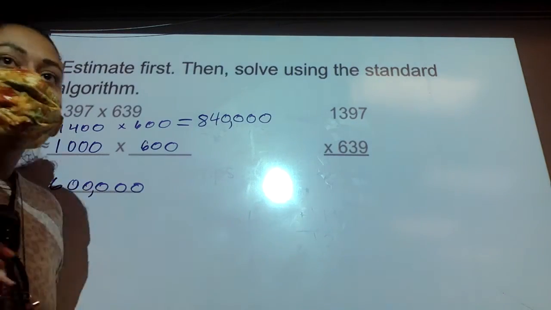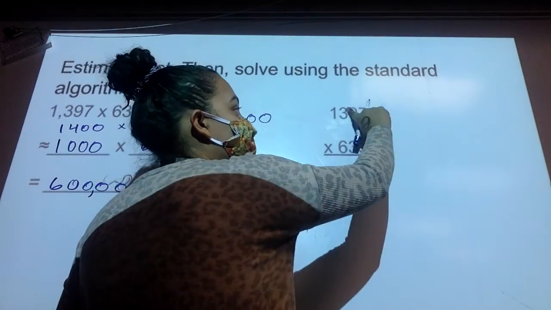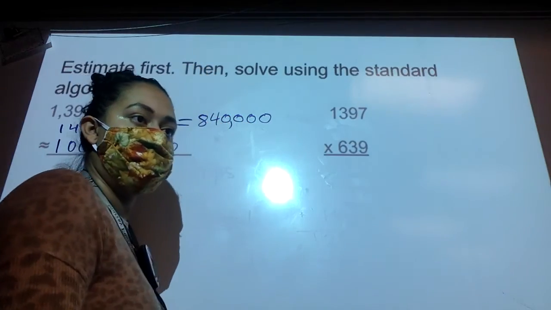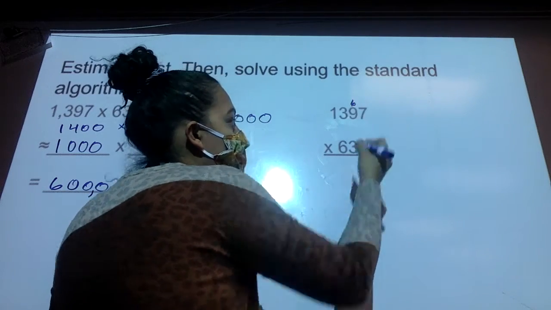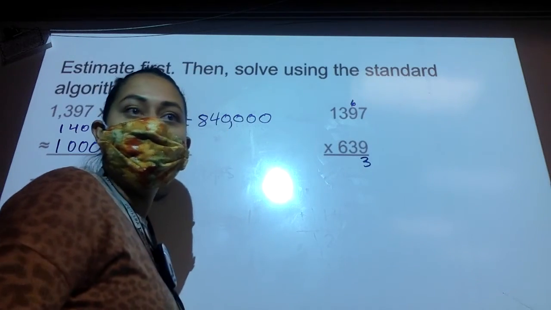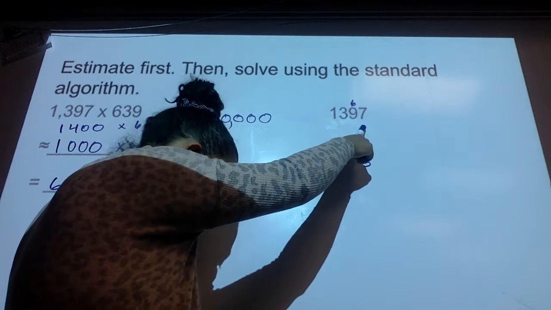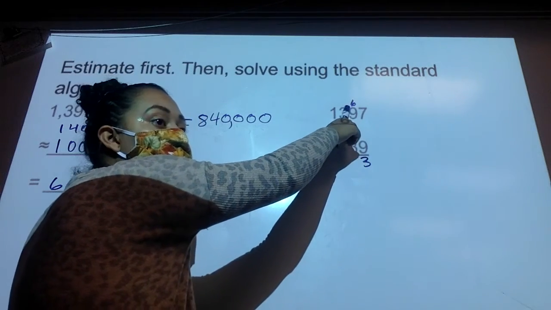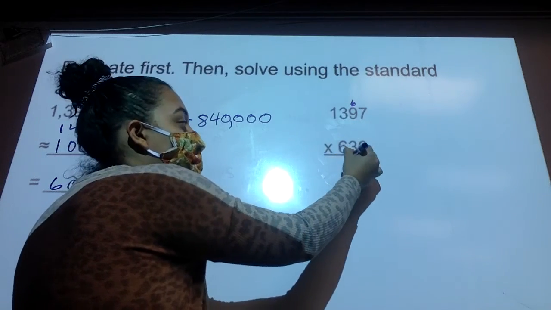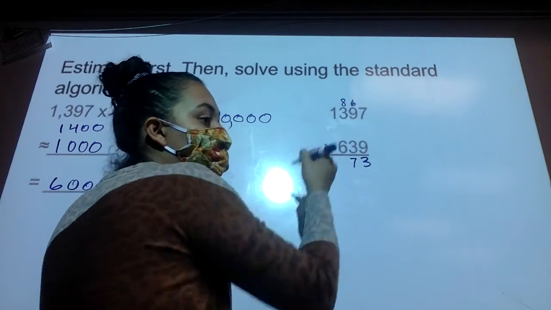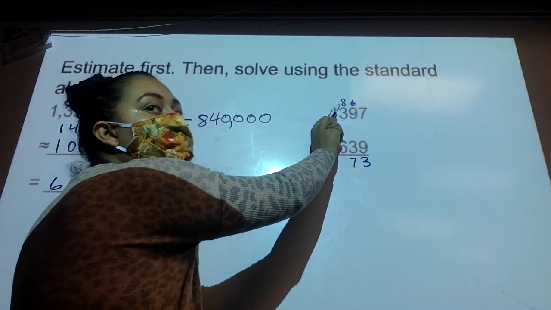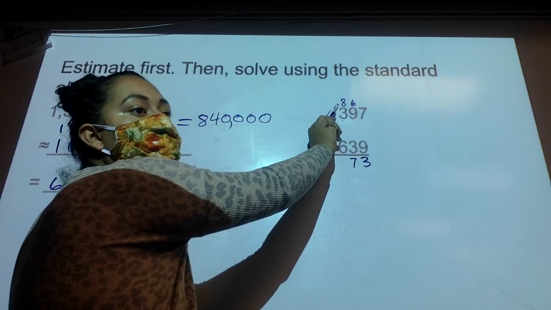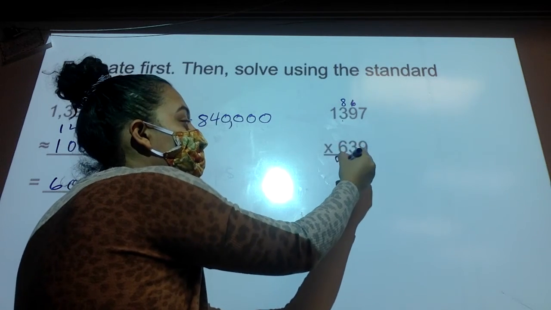There you go. Okay, so 9 times 7. 9 times 7 is 63. Okay, so 3 here, carry the 6. 9 times 9 is 81, plus that 6 is 87. 7 here, carry the 8. 9 times 3 is 27. 27 plus 8 is 35.